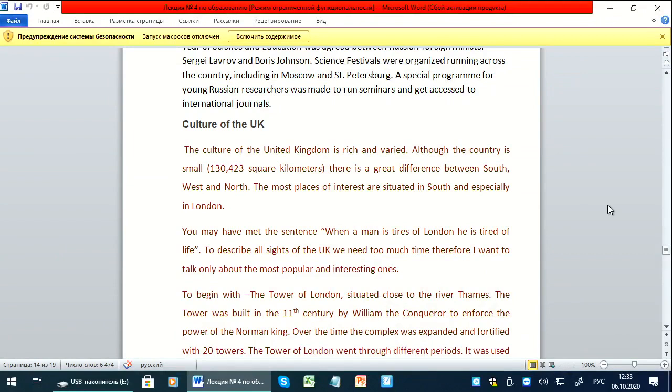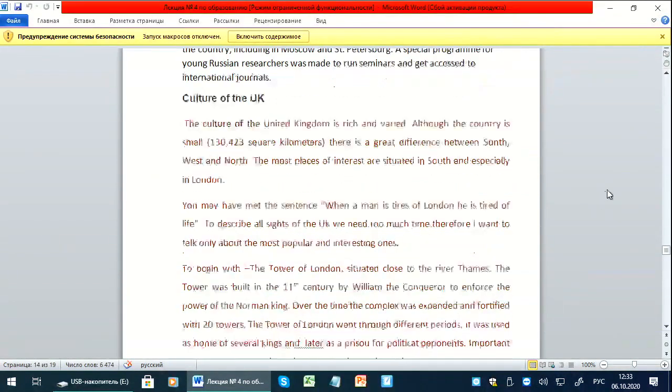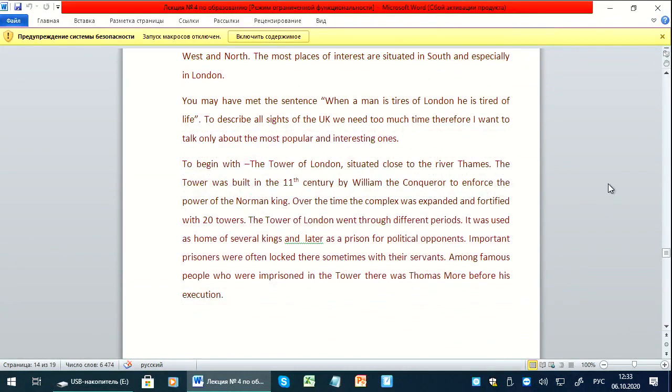The Tower of London went through different periods. It was used as a home of several kings, and later as a prison for political opponents. Important prisoners were often locked there, sometimes with their servants and relatives.